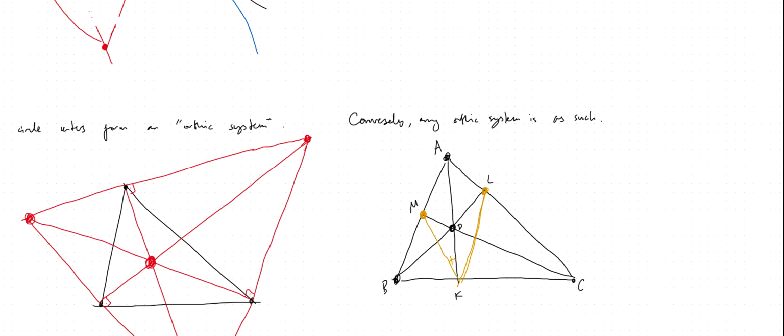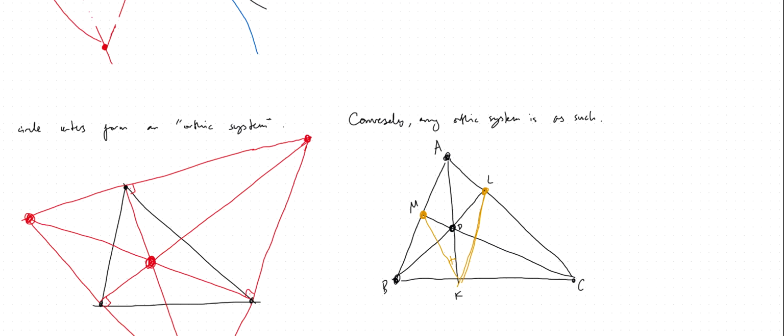And so we have angle BKM is equal to angle A, and angle LKC is also equal to angle A. So they are equal, and this is 90 minus A, 90 minus A.